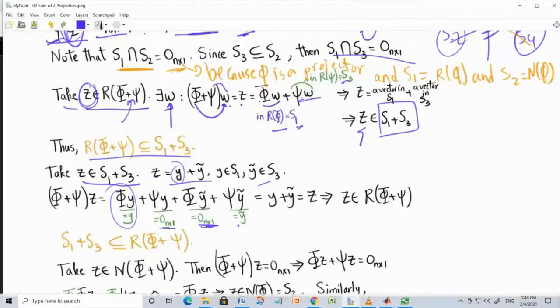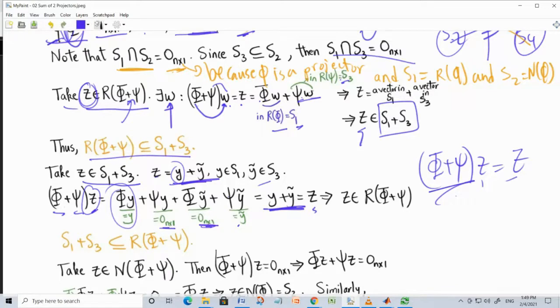And so 2 terms are the all zero vector, and the other 2 terms are y plus y tilde. So you take phi plus epsilon applied to z, and z is y plus y tilde, and you get y plus y tilde. So phi plus epsilon applied to z gives z, which means that z can be expressed as phi plus epsilon times a vector. So z is living in the range of phi plus epsilon. So if you start with a vector in S1 plus S3, you are guaranteed that this vector is in the column space of phi plus epsilon.